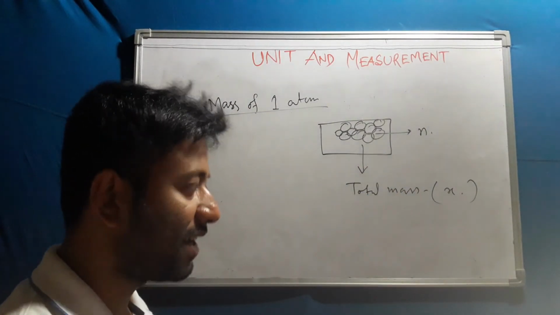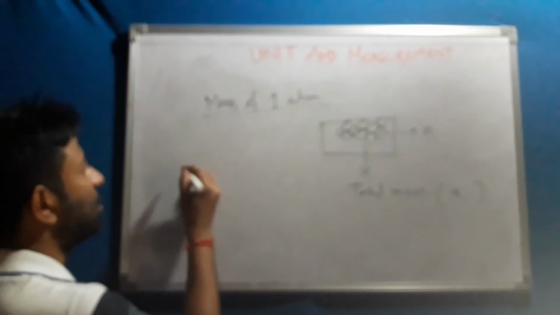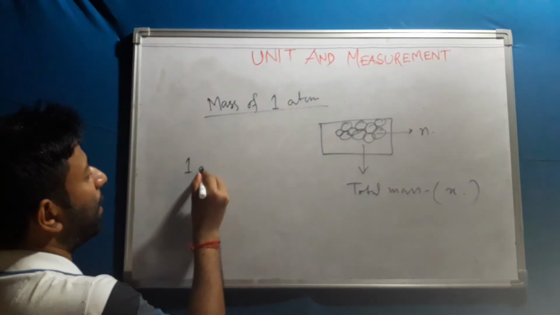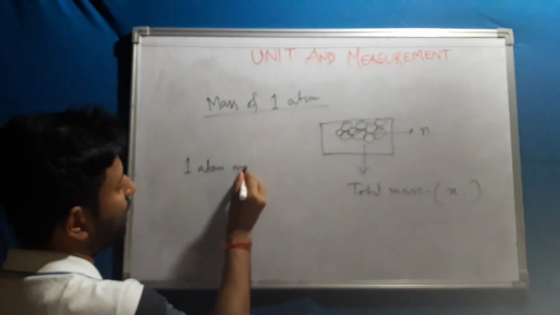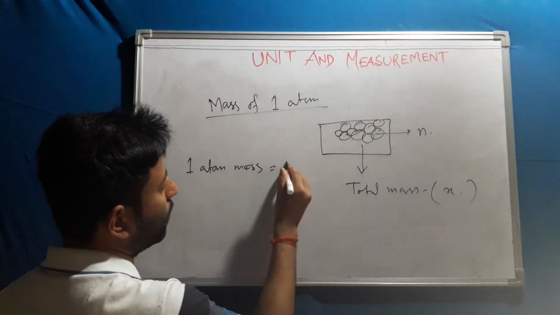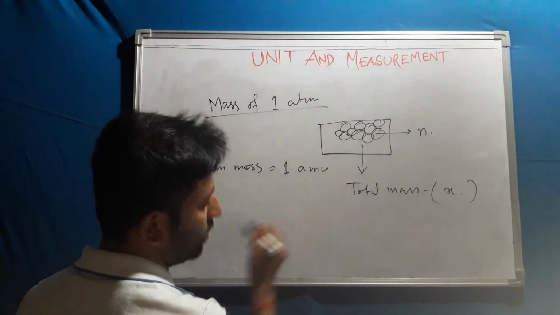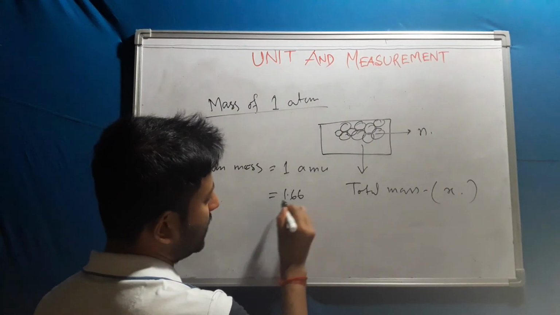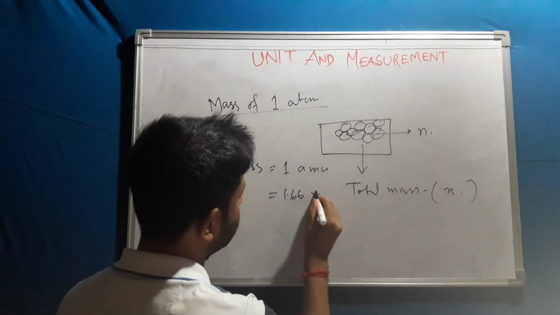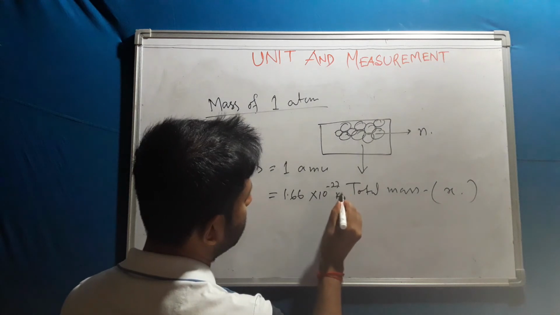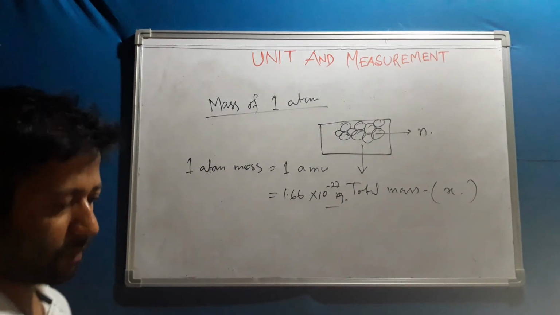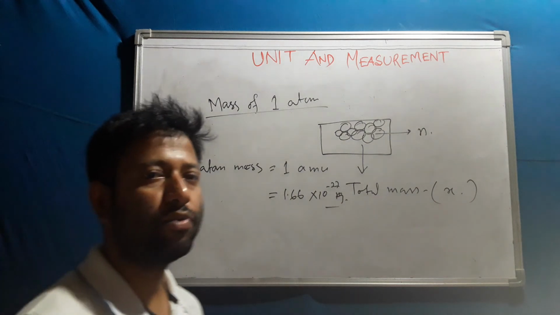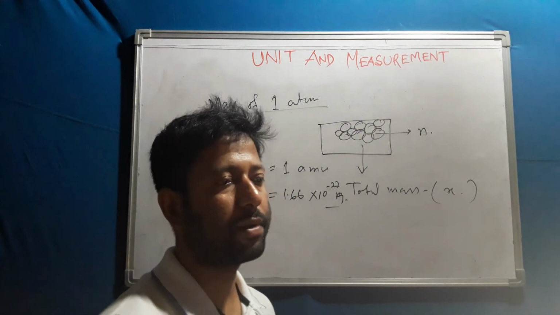And depending on that, they have decided the mass of one atom is known as 1 AMU, and this 1 AMU equal to 1.66 into 10 to the minus 27 kg. Okay. So this is 1 AMU. So this is the unit for measuring the mass of an atom.